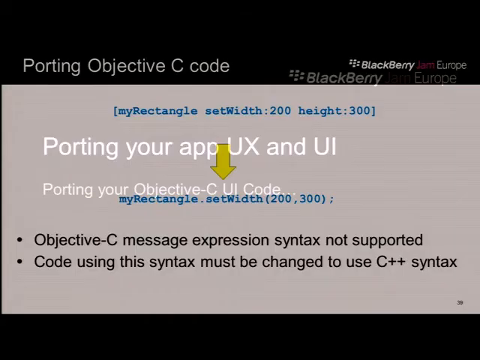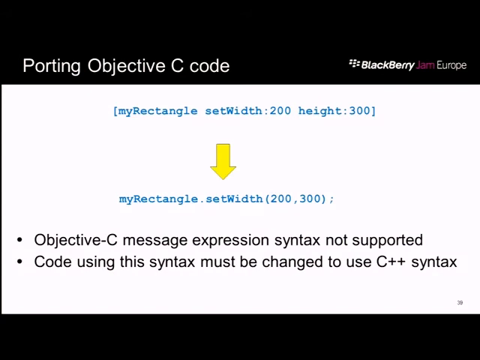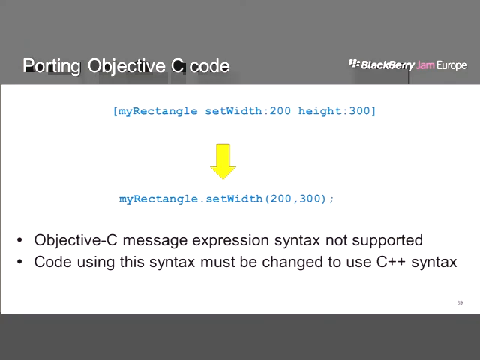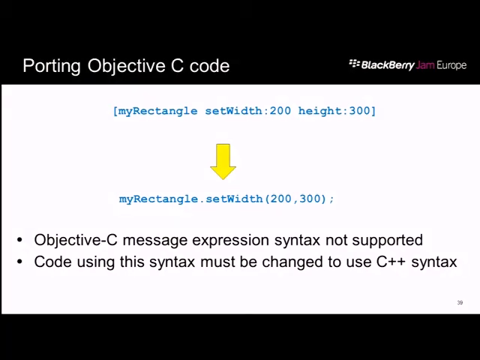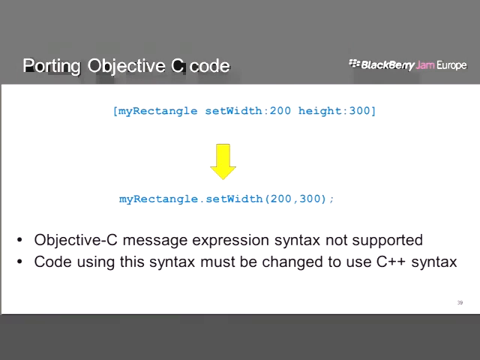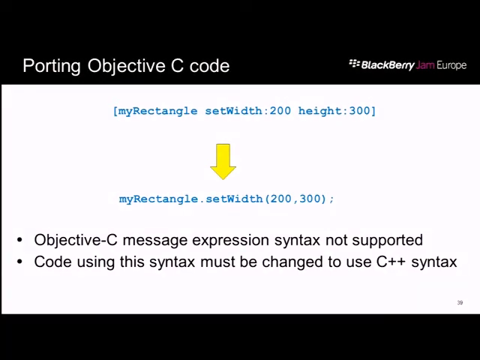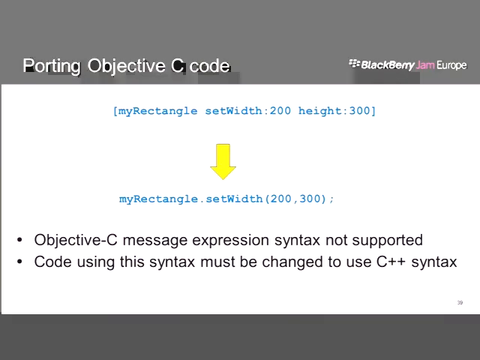Okay. And earlier we talked about Objective-C. Now the fact is, if you've got some code which is written using the kind of message expression syntax in Objective-C style, you're going to have to rewrite that code. That's a fact. But it is true, if you just take this example there, you can see a rectangle, its width being set and its height. Well, that maps on to the equivalent syntax in some code you'd have in BlackBerry 10.